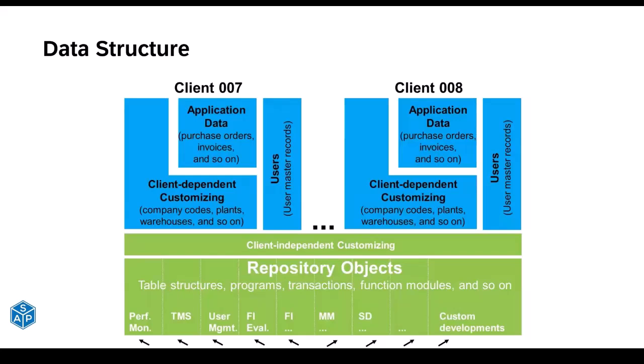For example, India has a tax structure of 35% for enterprises, so client 100 will be configured as per that tax structure. In the UK, it has a tax structure of 40%, so it will configure 40%. US has some other policy, it will configure as per that policy. So you have different clients which will have different configurations based on their requirement. So you have the client dependent customizing.